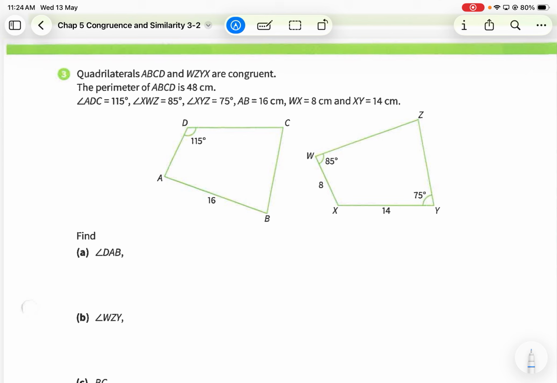So they want XWZ, so it corresponds to XWZ. It is the sequence of the naming when they give you ABCD and WZYX. DAB corresponds to XWZ by the numbering 1, 2, 3, 4. So 412, 412 XWZ. Then XWZ is 85.